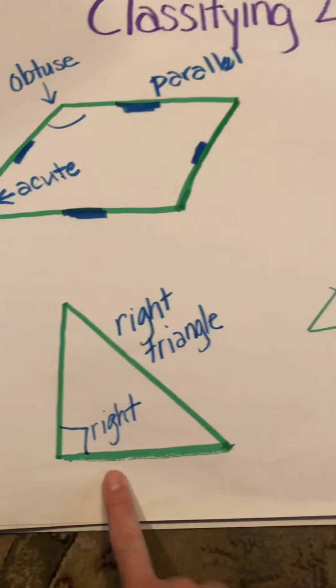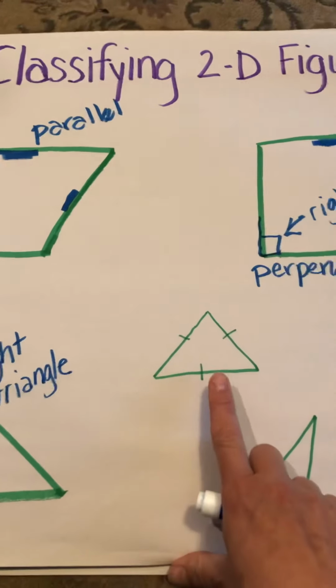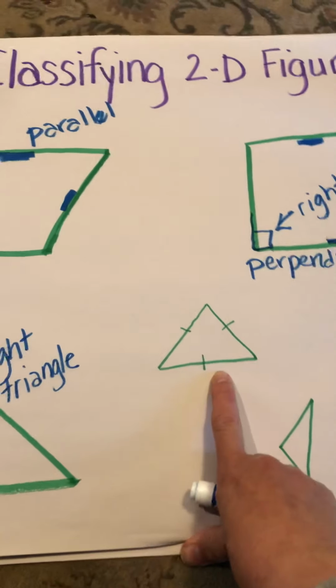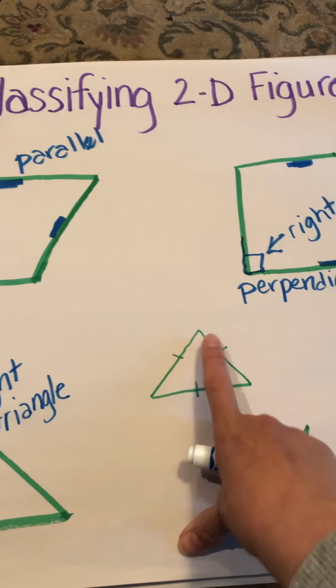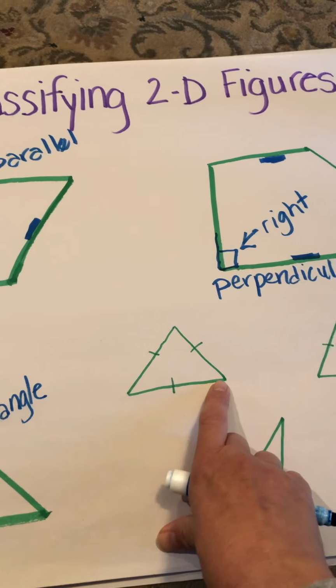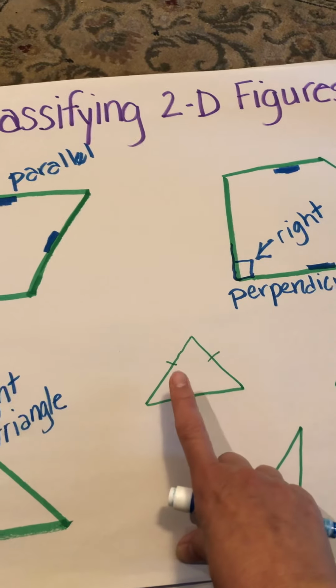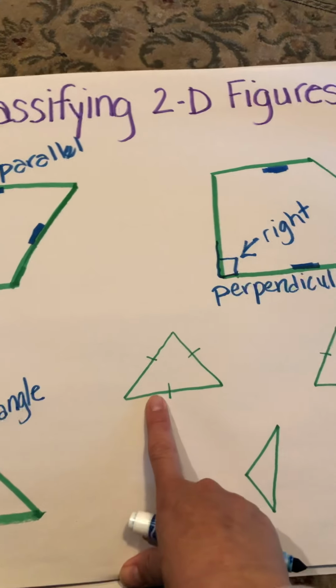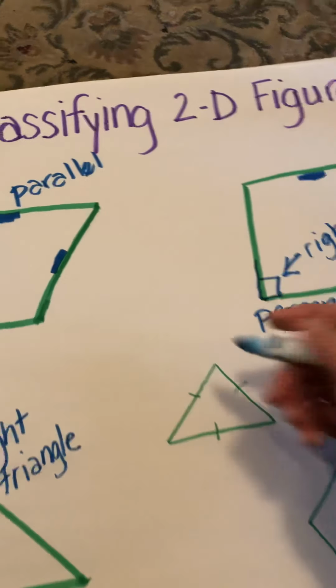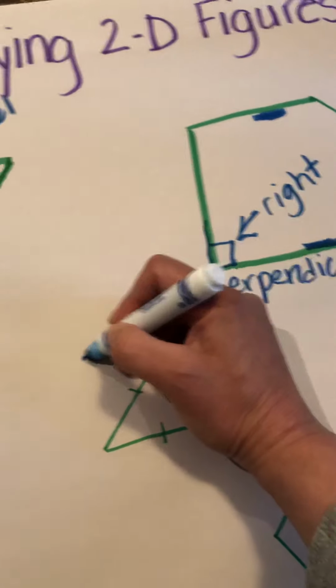Thinking about the right triangle and jumping over here to this triangle, you could see that this triangle does not have any right angles. All these angles are smaller than 90 degrees, so I would call this an acute triangle.